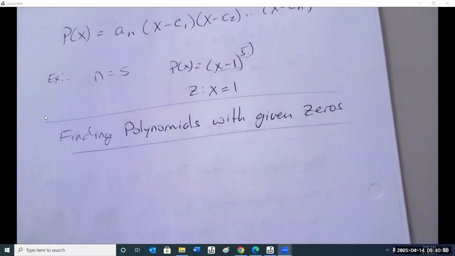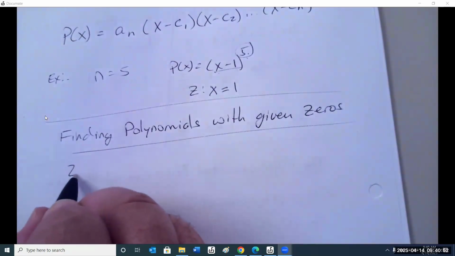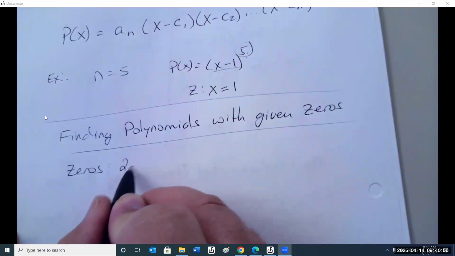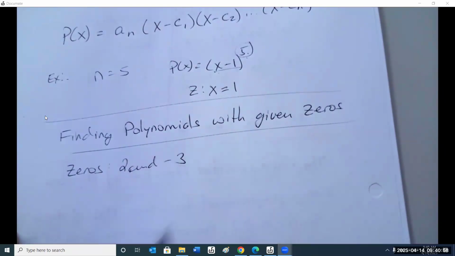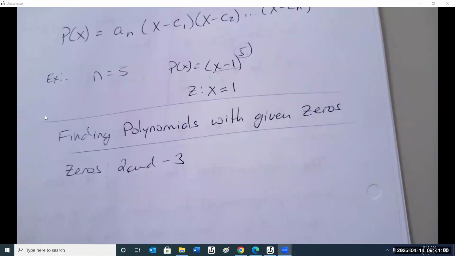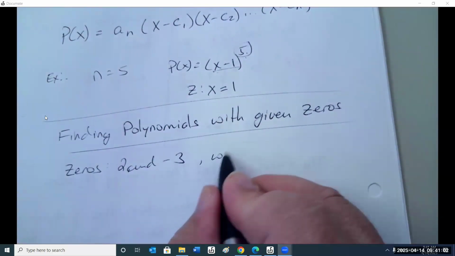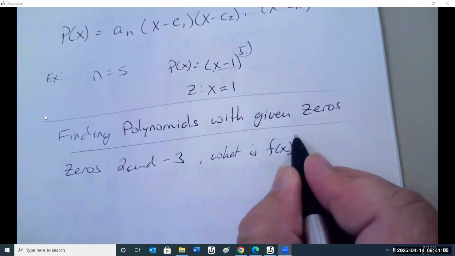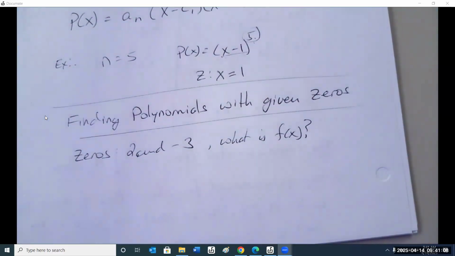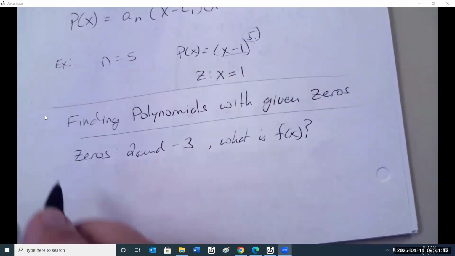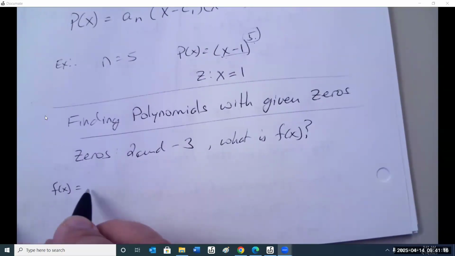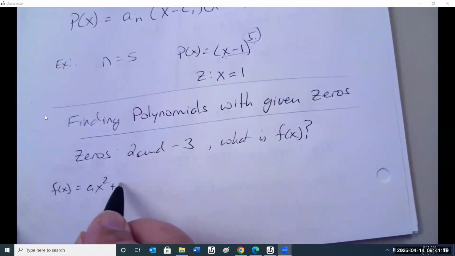Finding a polynomial if I give you the zeros of 2 and -3. What is the function they came from? Remember, we have to work backwards. Let's just say it's a quadratic equation.